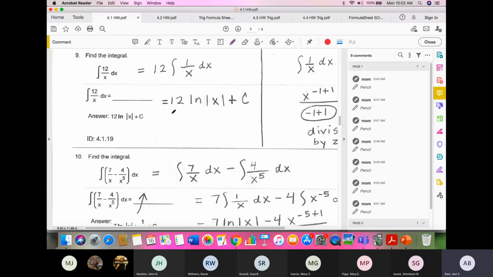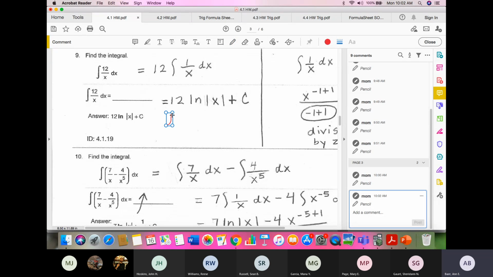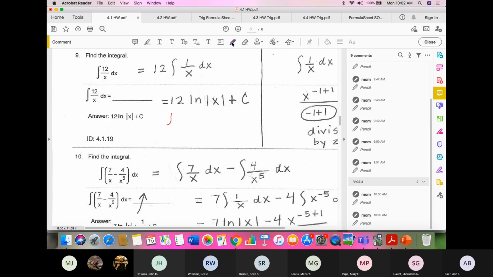So this guy up here, just in general, I'm going to write this down so you can see, the integral of 1 over x dx is equal to the ln of the absolute value of x plus a constant of integration.